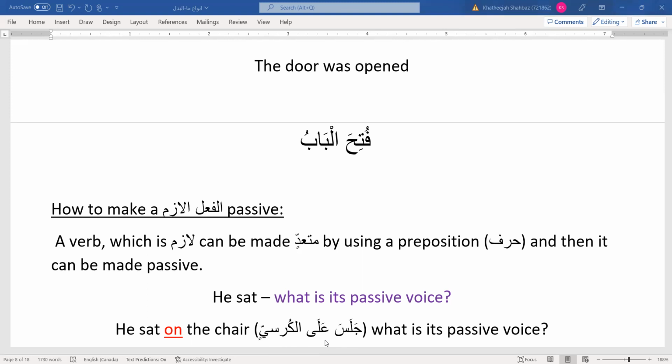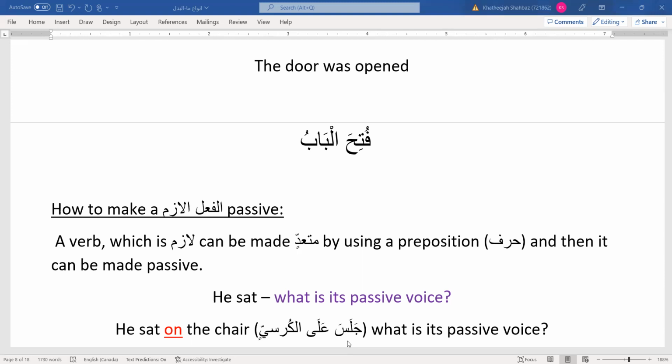Makes sense? Easy Arabic. He sat on the kursi, on the chair. Jalasa ala kursi. Can we make a passive voice of this now? Can we make a passive voice of this new sentence that we made by using a harf?